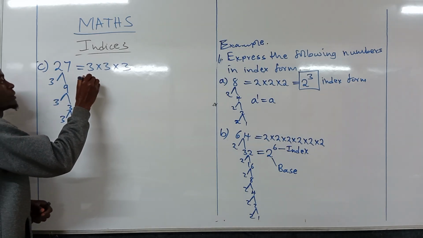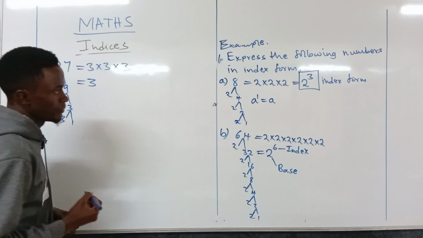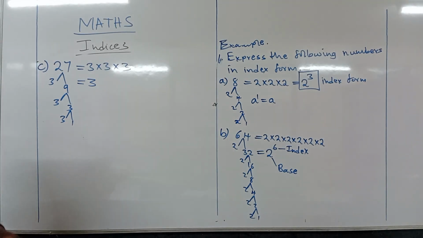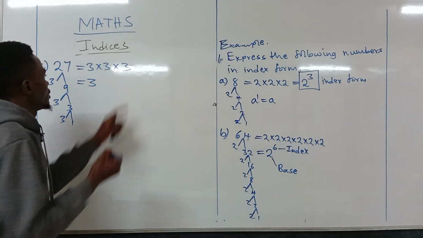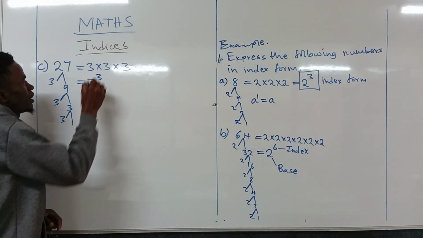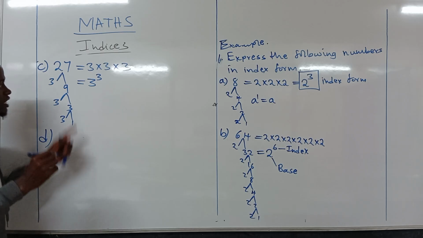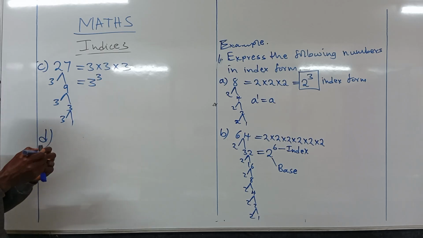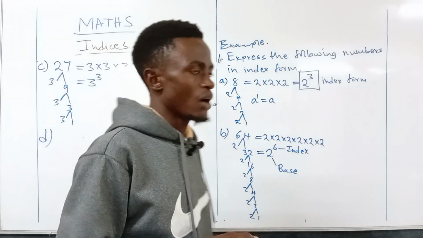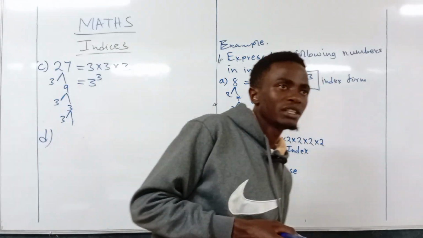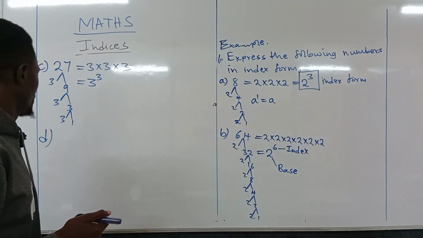So the number that is repeated is going to be our base. And then next, how many times has it been repeated? We have 1, 2, 3. So we have 3 power 3. So the solution to that one is going to be 3 power 3. We have said that the index is the number of times our number has been repeated, and the base is the number that is being repeated.